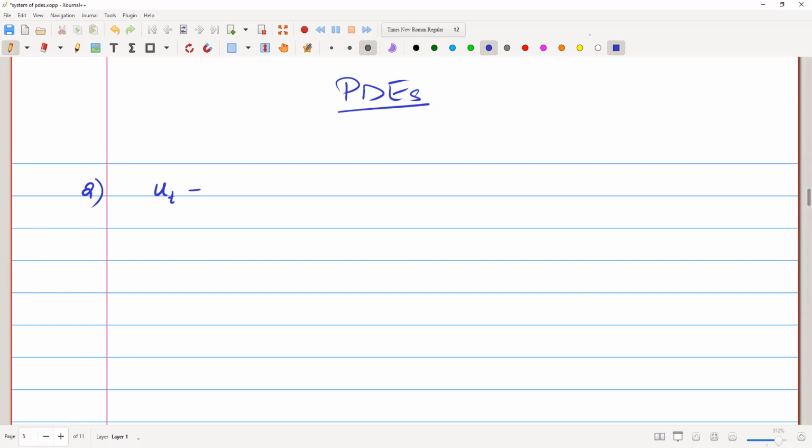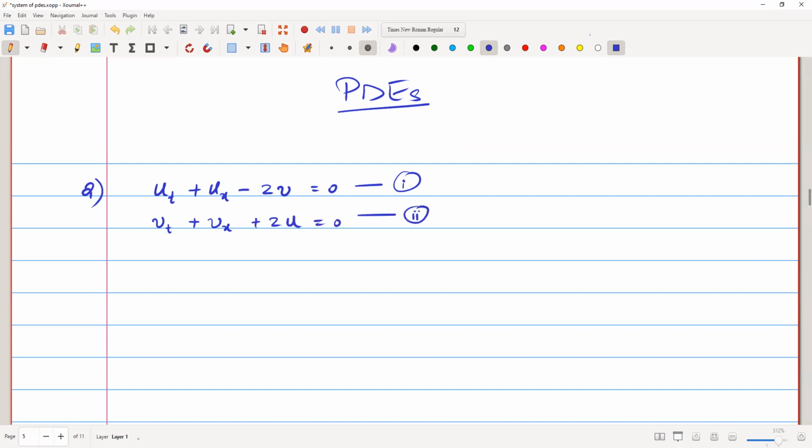So the problem is u_t + u_x - 2v = 0. That is equation 1. And the second equation we have is v_t + v_x + 2u = 0.